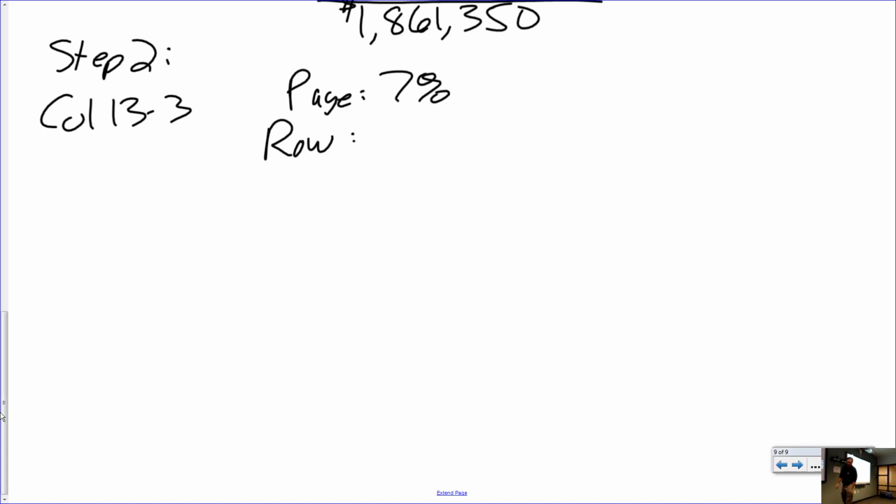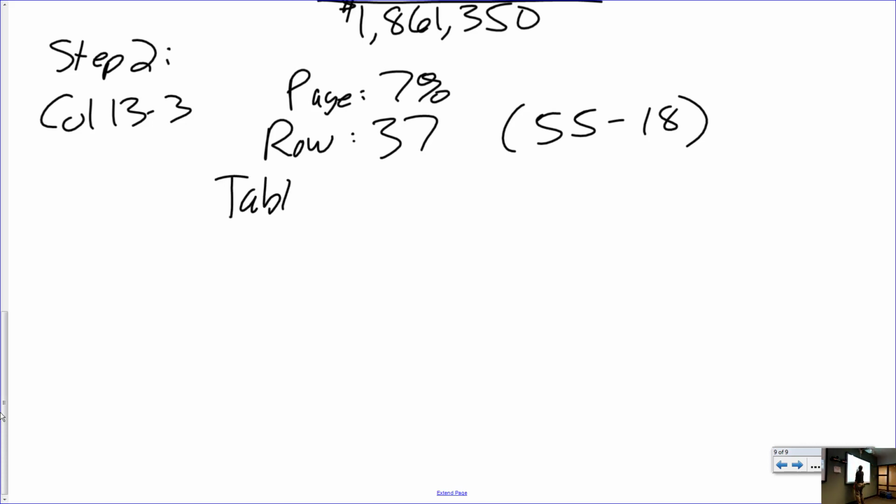What row do I got to go to? 37. Why 37? Because he's 18 and wants to retire at 55, so you minus it. 55 minus 18, he's going to be investing into his retirement account for 37 years. And this is going to be how much you're going to need to invest per year.